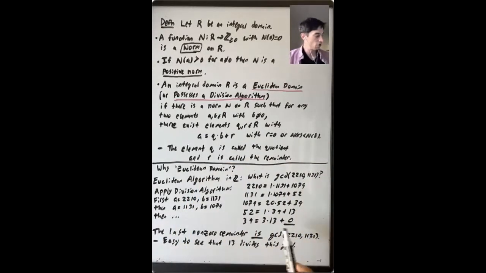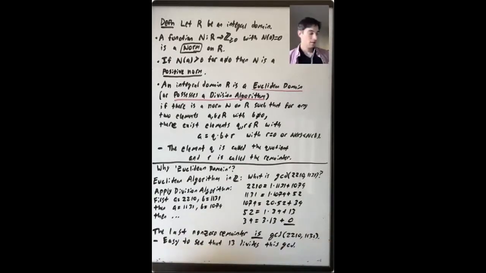So this last non-zero remainder we get is an indication that we hit remainder 0, and that's an indication that we stop. And this last non-zero remainder, 13 here, is the GCD of the two numbers we started with, 2210 and 1131.